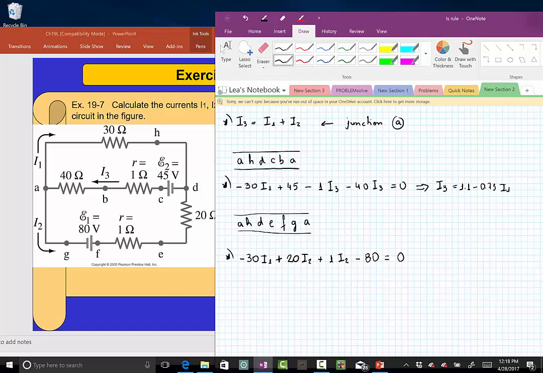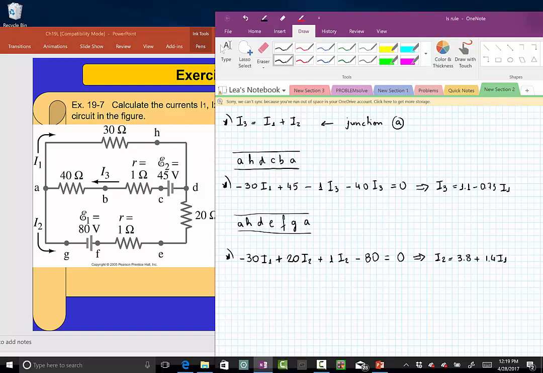The other one, you can again work a little bit on it and isolate, because here you have just I2 and I1. So you can isolate I2. You will see that I2 is equal to 3.8 plus 1.4 I1.